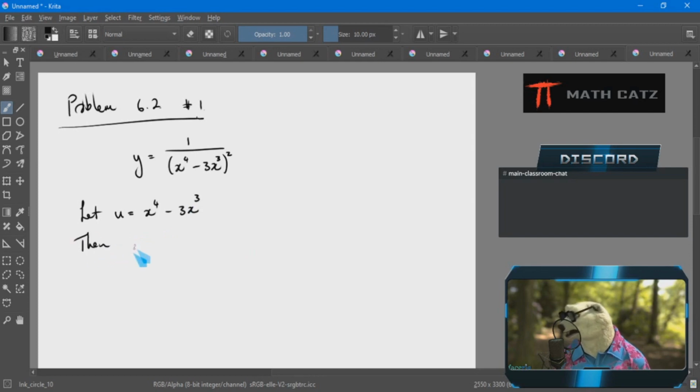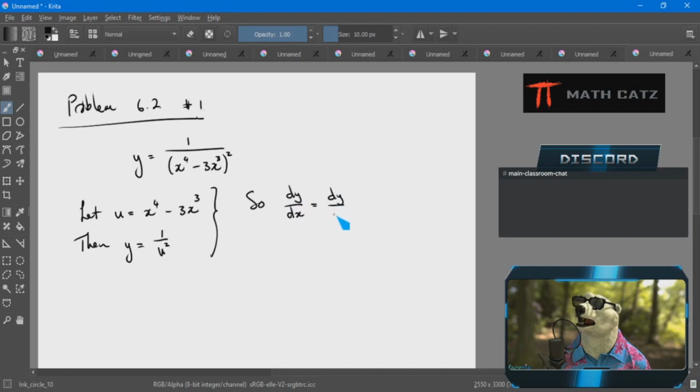Then, once I've made that choice for my inside function, the outside function, of course, is y in this case. Let's call it y, is 1 over u squared. These two things help me to say, so the derivative, and for the chain rule, I use the little d notation.